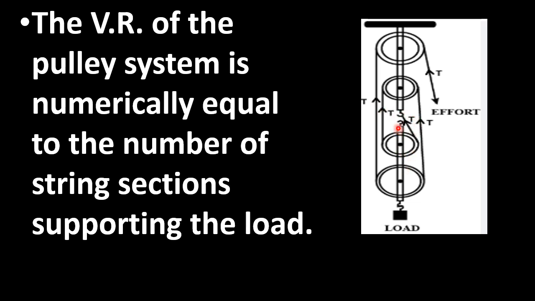Incidentally, the number of sections here is also equal to the number of wheels. So you count the number of wheels, we have 4. The number of sections of string, we also have 4. Therefore, the velocity ratio of this machine is 4, as well as its mechanical advantage is 4, without having to carry out any calculation.